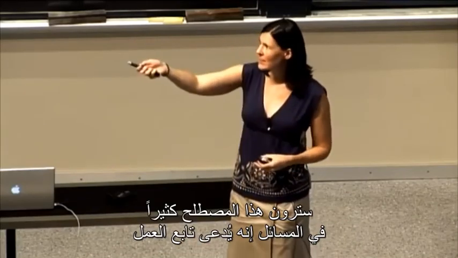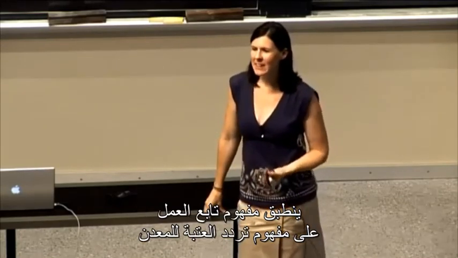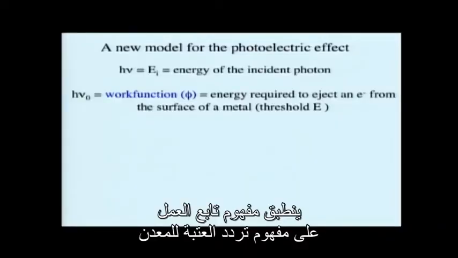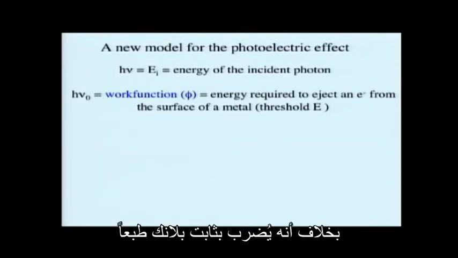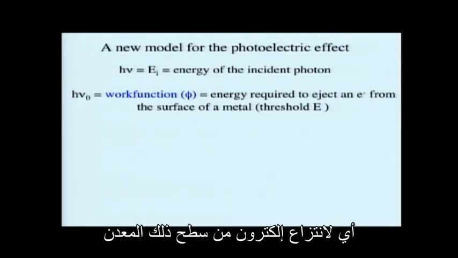This is a term we're going to see a lot, especially in your problem sets. It's called the work function. The work function is the same thing as the threshold frequency of a metal, except that it's multiplied by Planck's constant. It's the minimum energy that a certain metal requires in order to eject an electron from the surface of that metal.